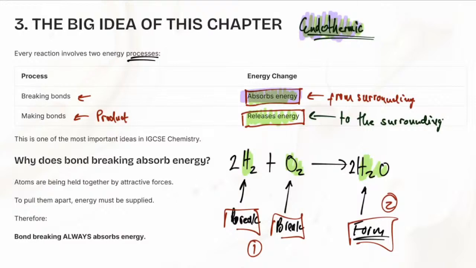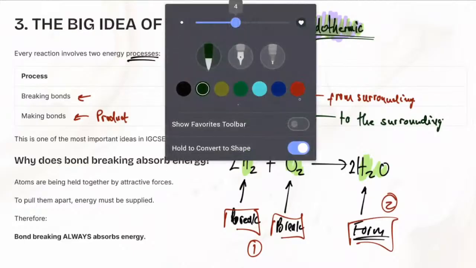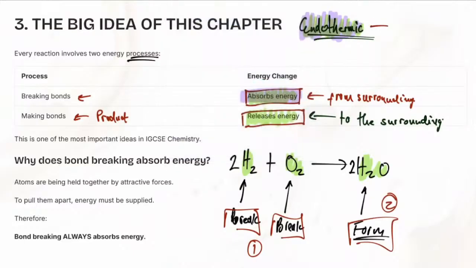Then when you were forming the bonds, you only released 400. So in other words, overall speaking, this reaction took more energy than it gave. So we can say that this reaction takes energy from the surroundings. So it's endothermic. An endothermic reaction is a reaction that absorbs energy from the surroundings.